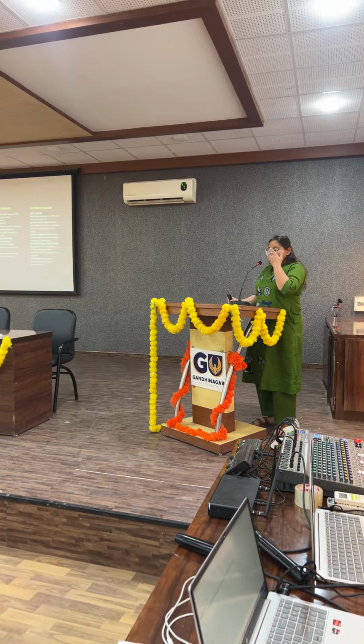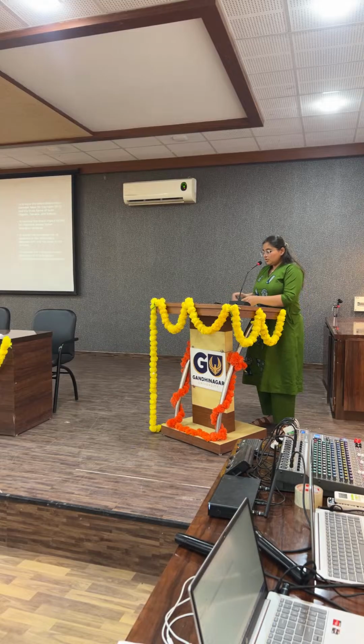Sattvic sukh is the sukh driven by inner peace, clarity, harmony, and self-awareness. The second is rajasic, which means sukh driven by ambition, success, and recognition. Third is tamasic, which is the sukh driven by inertia, procrastination, and avoidance.